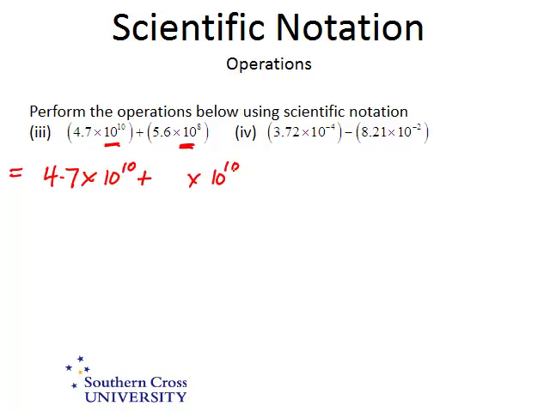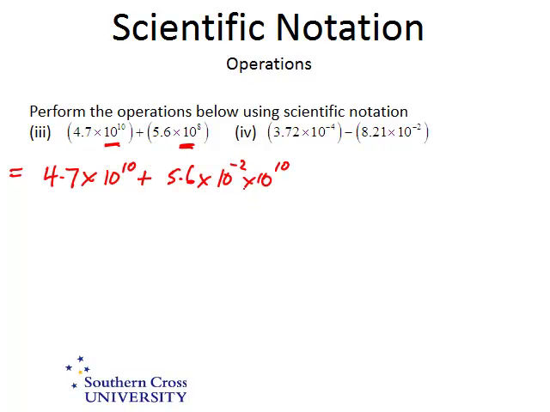Here, we're going to make this 5.6. Now to get 10 to the 8 from 10 to the 10, it's 10 to the minus 2 times 10 to the 10.